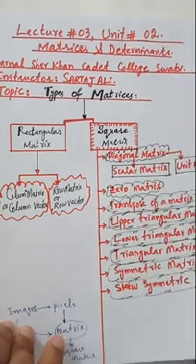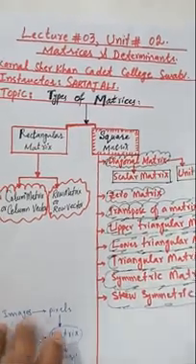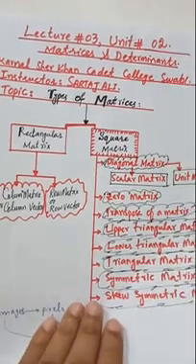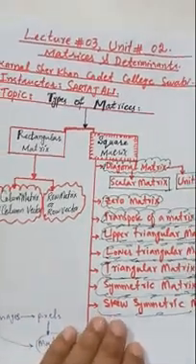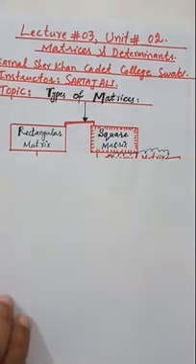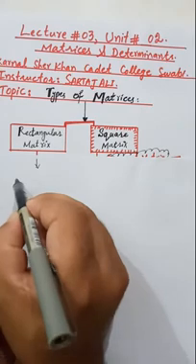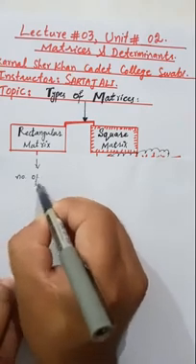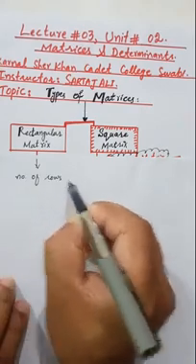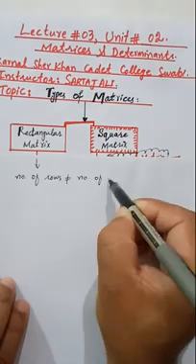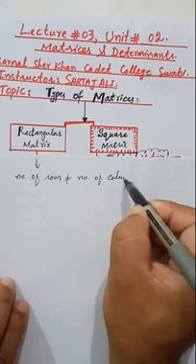Okay, now rectangular matrix: a matrix in which the number of rows and number of columns are not equal. Such matrices are called rectangular matrices. Number of rows not equal to number of columns.